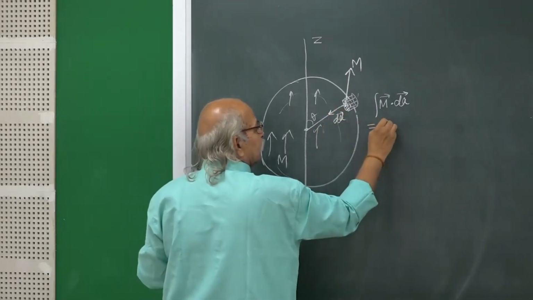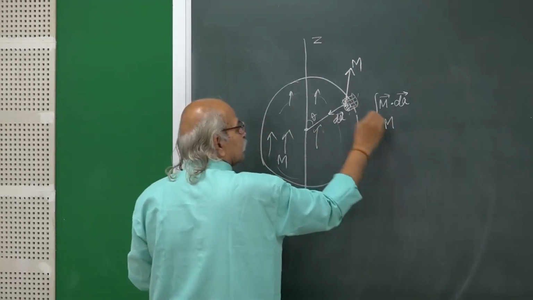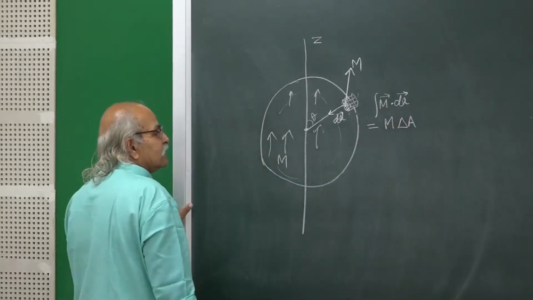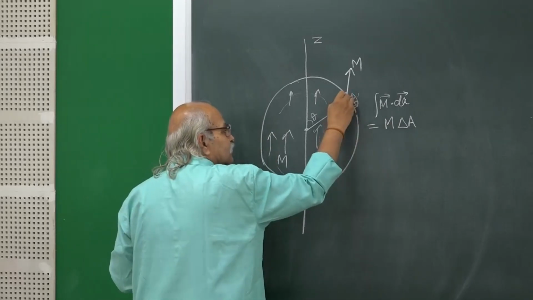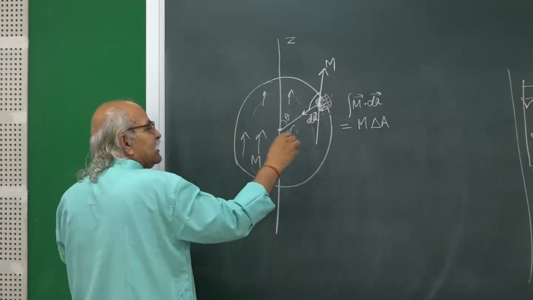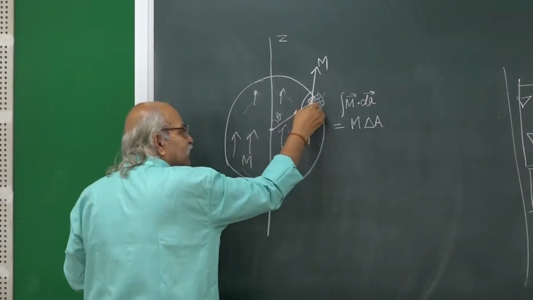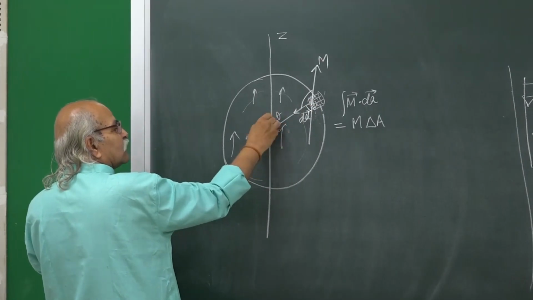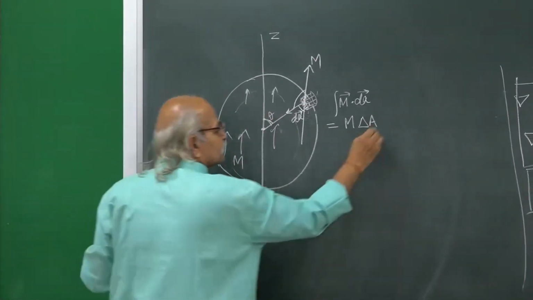So, this will be m into area, this area, small area. So, I can do this integration this way, and then cos of theta. So, this is cos of this angle, which will be negative of cos of this angle, and this angle is same as this angle, and this is our theta, the spherical polar coordinate theta. So, cos of this.